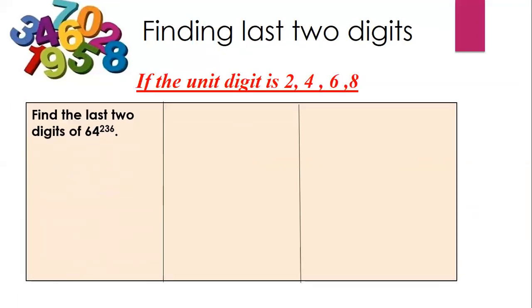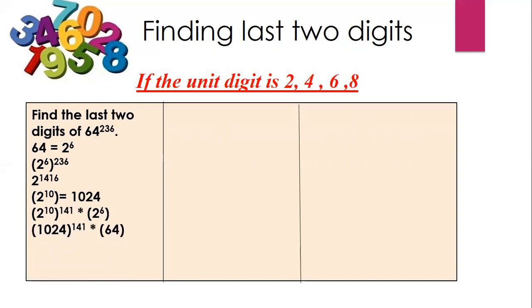Okay, so now we'll see examples. Find the last two digits of 64 power 236. We know 64 is nothing but 2 power 6. So 2 power 6 to the whole power 236. Now we can take it as 2 power 1416. What is the last two digits of 2 power 1416? To make the last two digits 24, we know 2 power 10 is equal to 1024. So split it based on the powers of 10: 2 power 10 to the whole power 141 into 2 power 6.